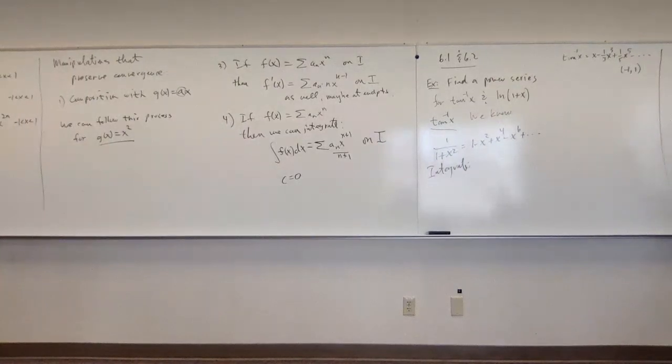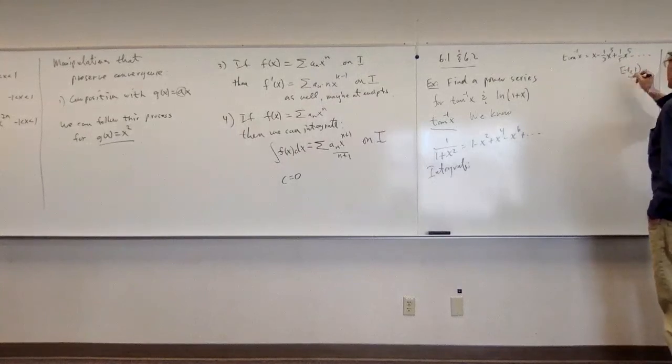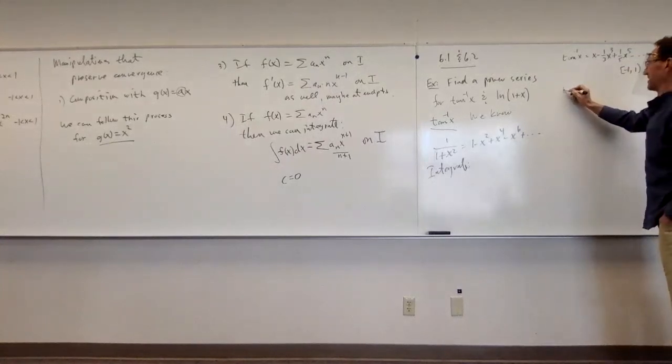It actually converges at one of the endpoints. Which one? Minus 1? Yeah, we get an alternating series. The terms go to 0: 1/3, 1/5, 1/7.